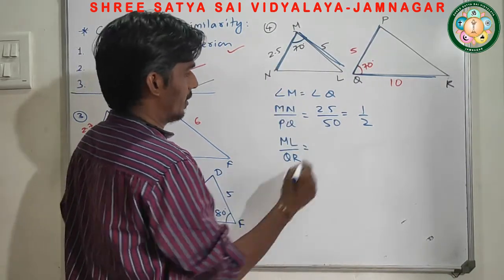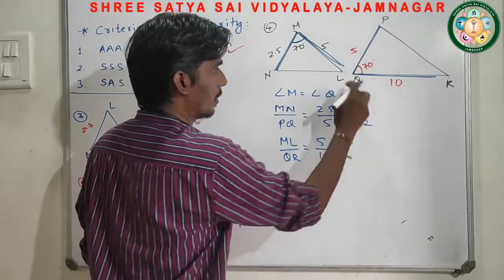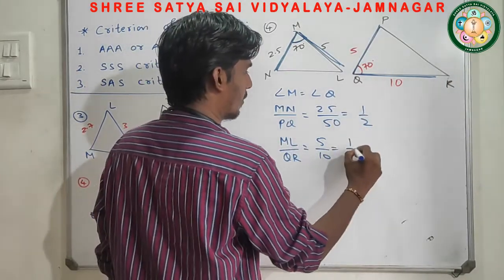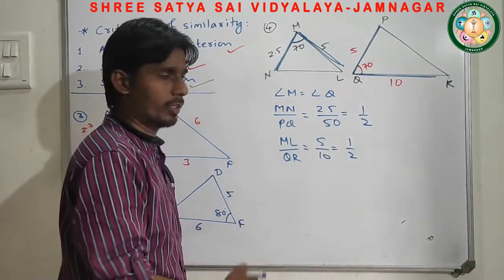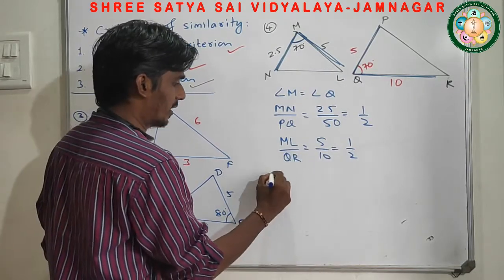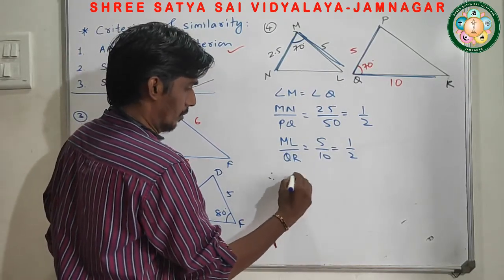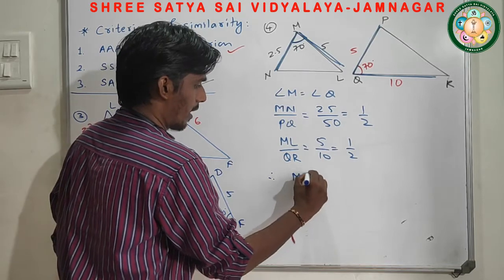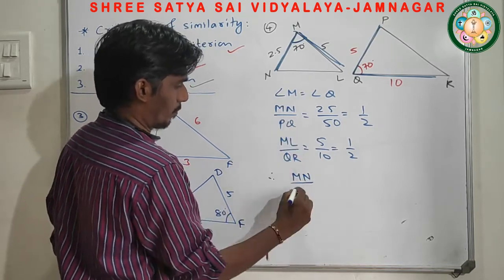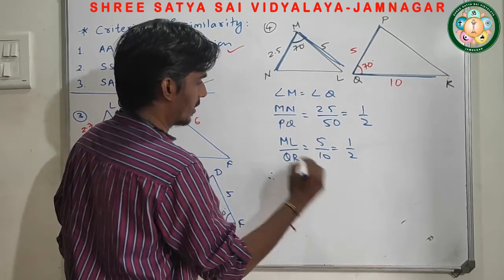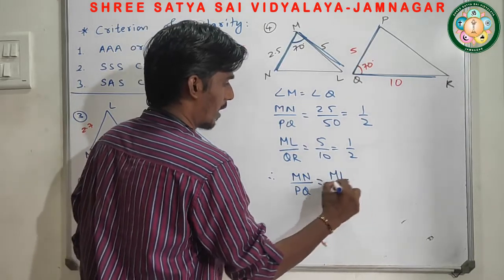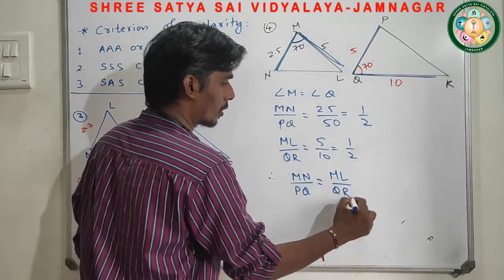How much is ML? It's 5 upon 10. It's 1 by 2. So are the ratios equal? Yeah, ratios are equal. So I can say that MN upon PQ is equal to ML upon QR.